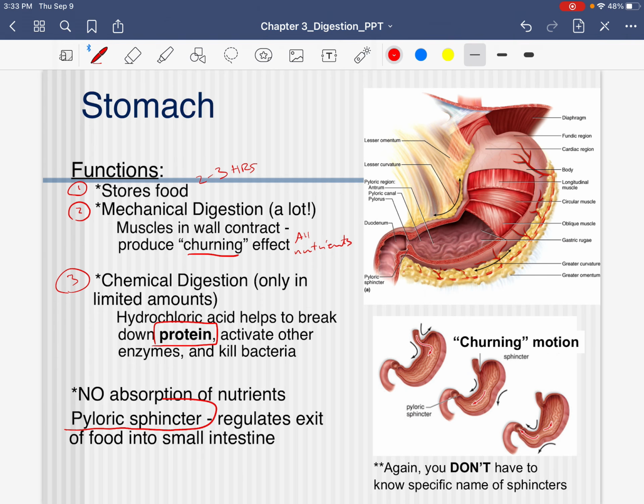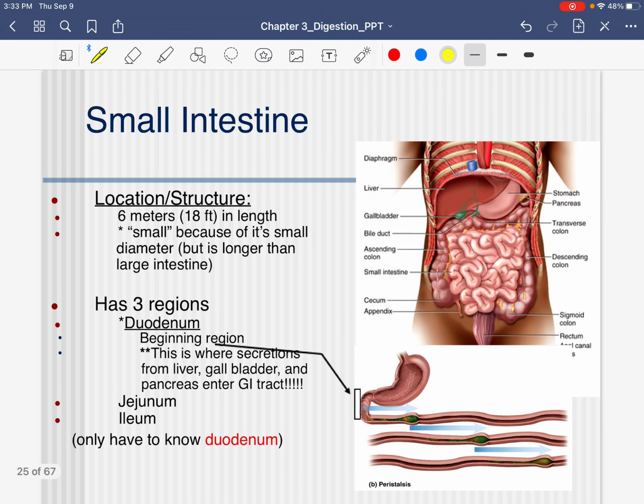No absorption. We have another sphincter at the end, called the pyloric sphincter, between the stomach and the small intestine. That's a good picture of the enlargement of the muscle. And the bottom picture here shows you that churning motion of the stomach for mechanical digestion.